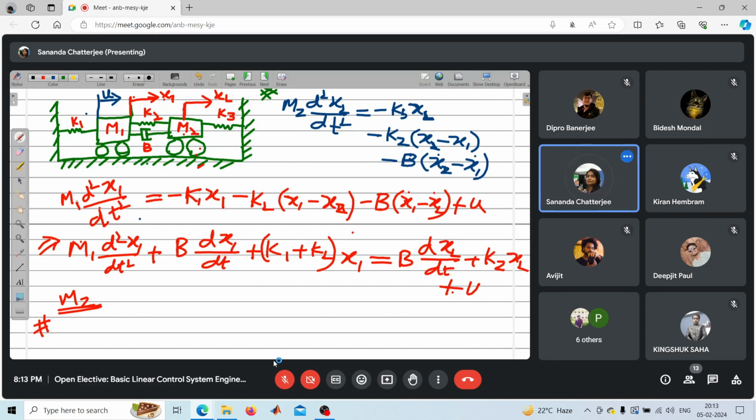So take the Laplace transform of equation 1 and equation 2, and we can find x2s by us.